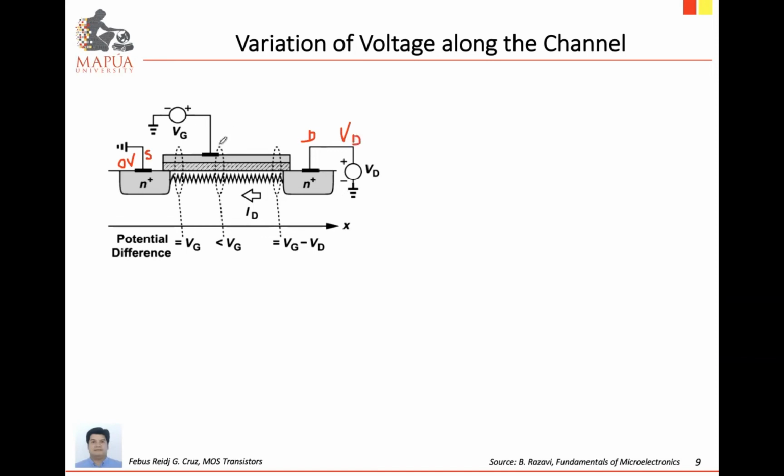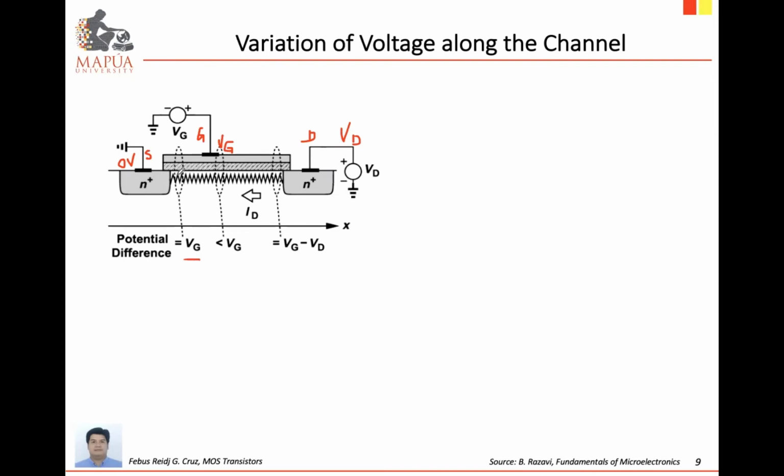Again, the gate terminal has the gate voltage. If you try to measure the voltage at the channel closer to the source region, then it would be gate voltage minus the source voltage, which is 0. So you can measure a voltage near the source region equal to the gate voltage.